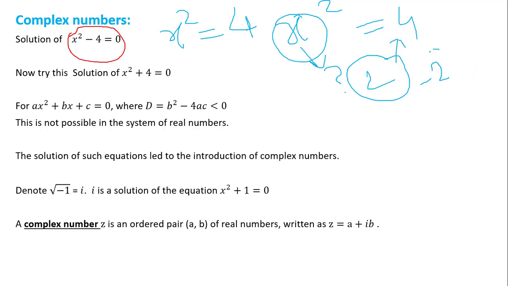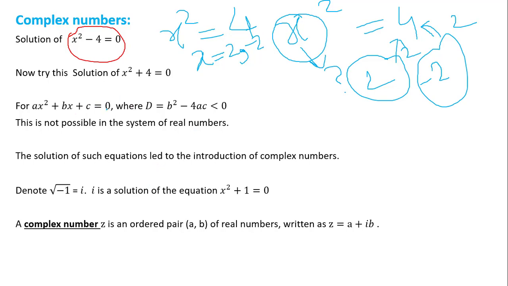If I square minus 2, then I will get 4 here. So what we got as the solution of x square minus 4 equal to 0 is x equal to 2, minus 2.